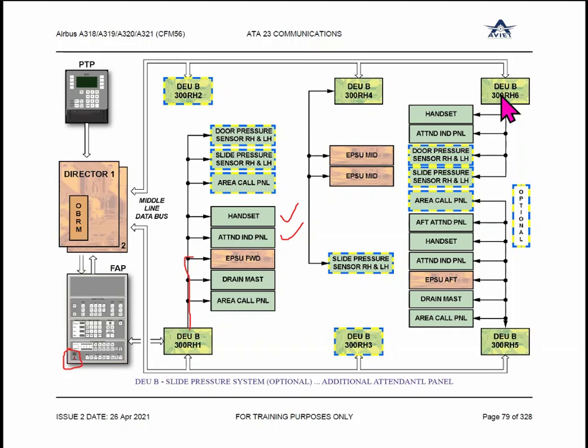In this diagram, you are seeing discrete communication. There is no digital communication. Every function is controlled by a single wire. But in the new one, when we discuss the new SID system, digital communication is started in the enhanced version.